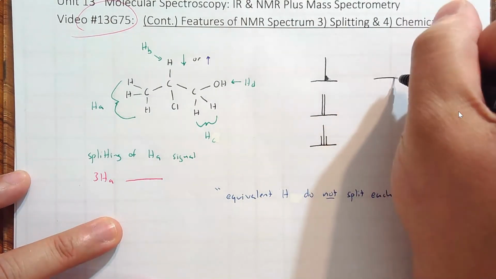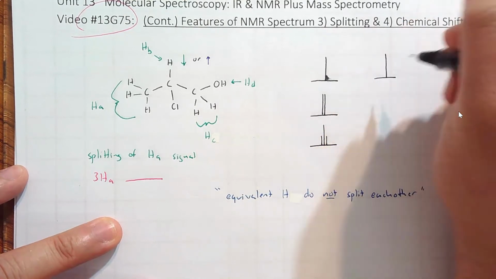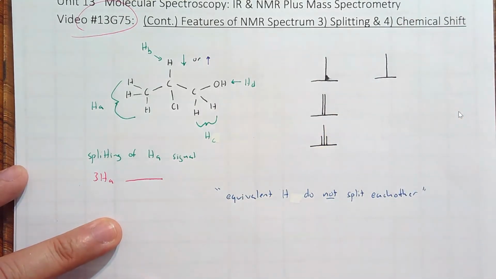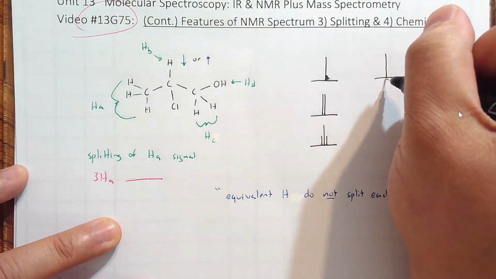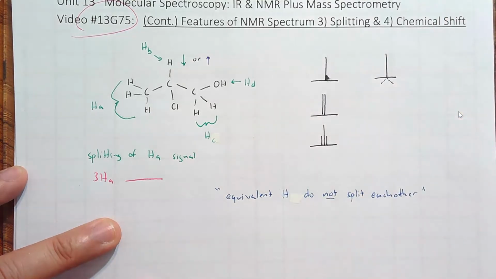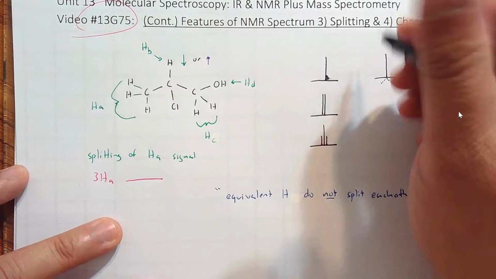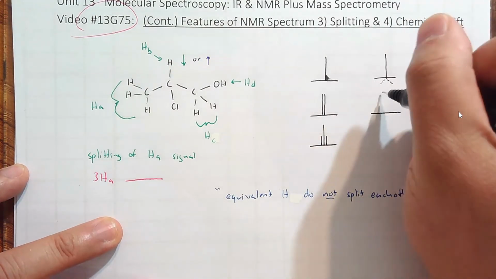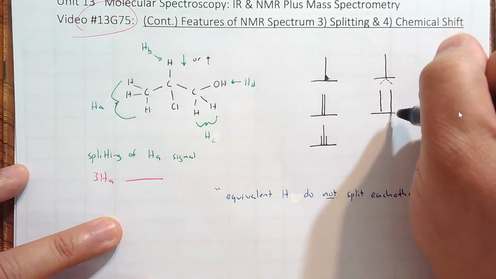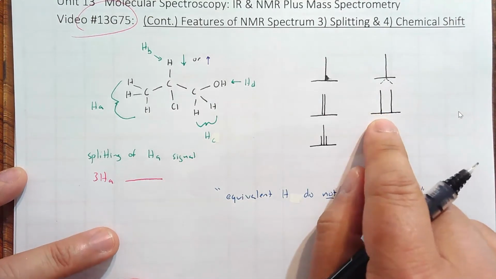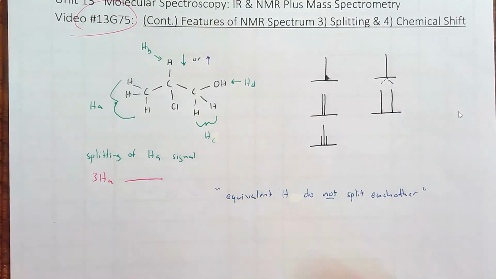Hence, I'm going to try to draw this as cleanly as possible. We take our theoretical singlet, and because it feels a slightly bigger field and lower field because of the influence of these mini magnets, then you split into 2. Okay, and they're kind of wide right now, but it will look like this, like a doublet. 2 close together.